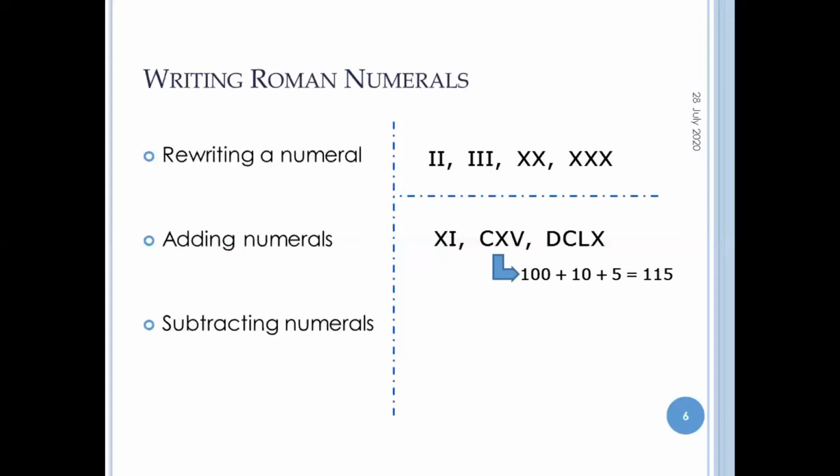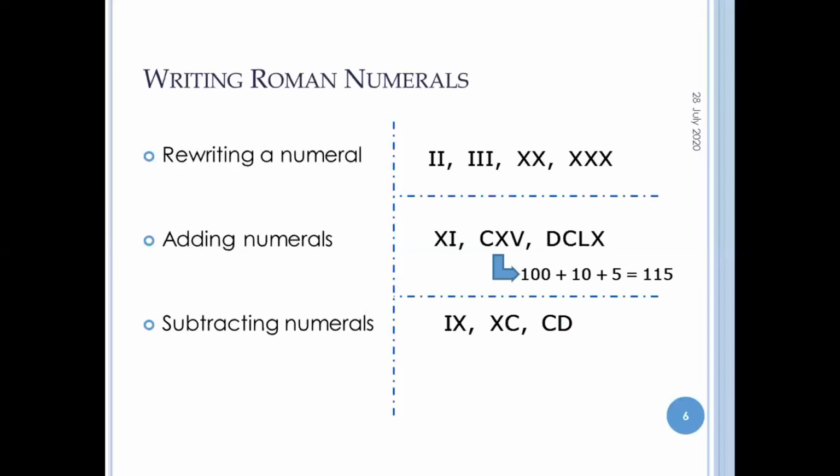115. The Romans also agreed that they could represent some numerals by subtracting, and in this situation, they wrote a smaller value numeral on the left-hand side of a larger value numeral.